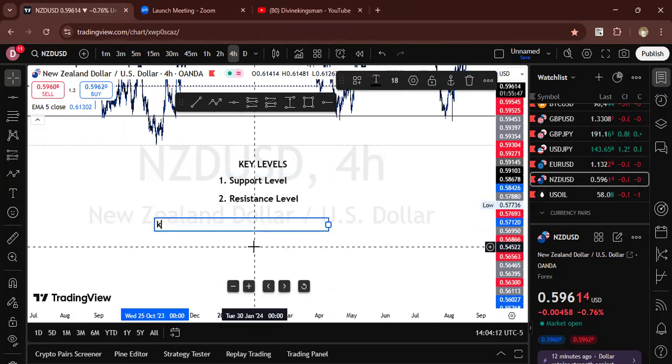So what are key levels now? Key levels are strong points or areas. They can be strong and they might not really be strong, but I'll use the word strong here.